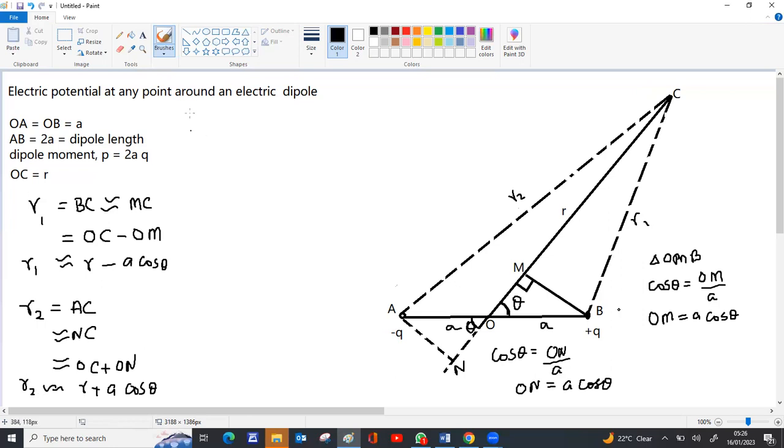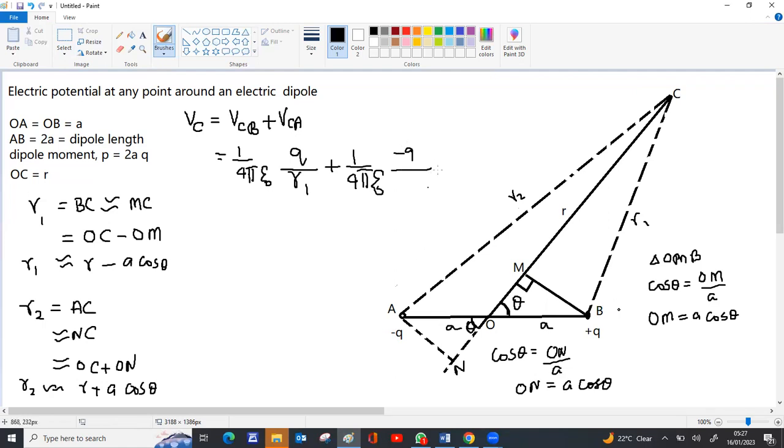Now we can do the normal procedure. Potential at C is the sum of potential at C due to B plus potential at C due to A. So 1 by 4 pi epsilon 0, at C due to B the charge is plus Q where the distance is CB, which is r1, plus 1 by 4 pi epsilon 0, the charge is minus Q. We should take negative charge for scalar quantities like potential, but for vectors like forces and electric field, we don't take minus, which is replaced by direction.